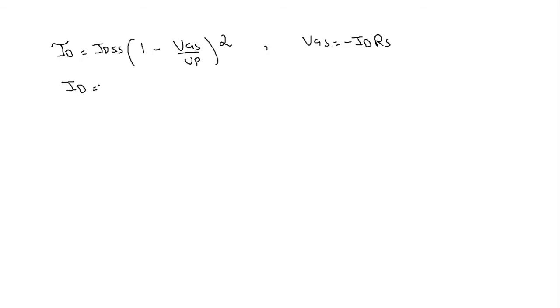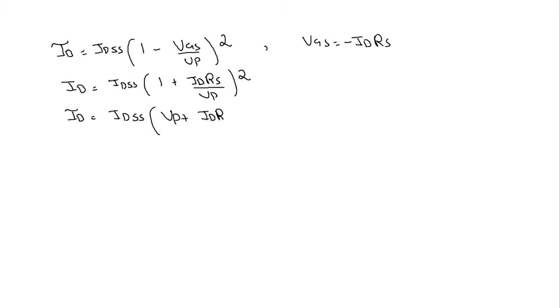So let me write it as ID is equal to IDSS 1 plus IDRS divided by VP whole square. Now I need to simplify this equation. So we have ID is equal to IDSS VP plus IDRS divided by VP whole square.